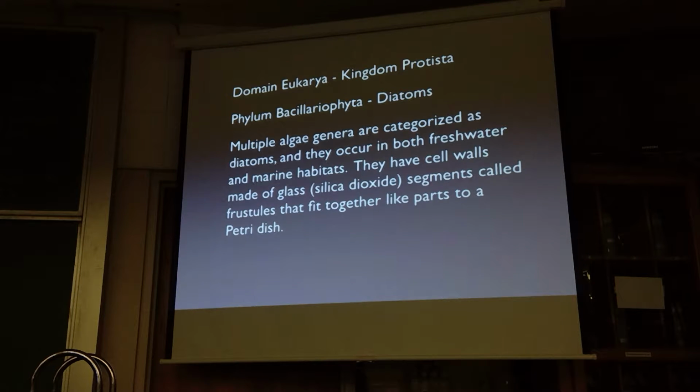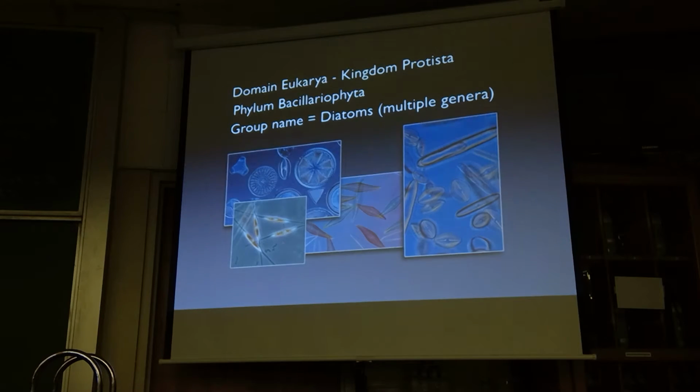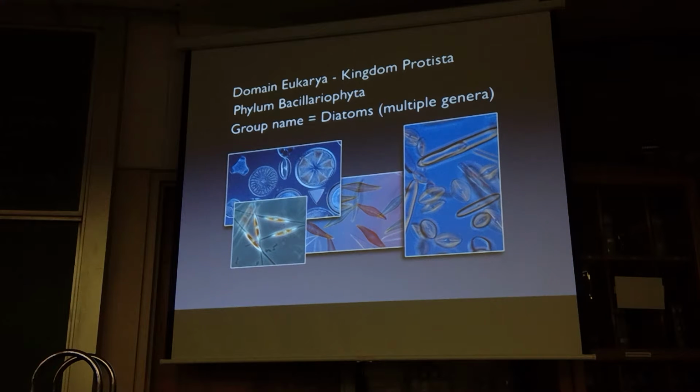What's unique about them, they have these walls made of frustules, two pieces of glass, like a petri plate, that come together, the two pieces. They reproduce by that shrinking division process. And they come in shapes, so Bacillariophyta, group name diatom. Their shapes, they can be bacilli, linear, they can be triangles, they can be circles.